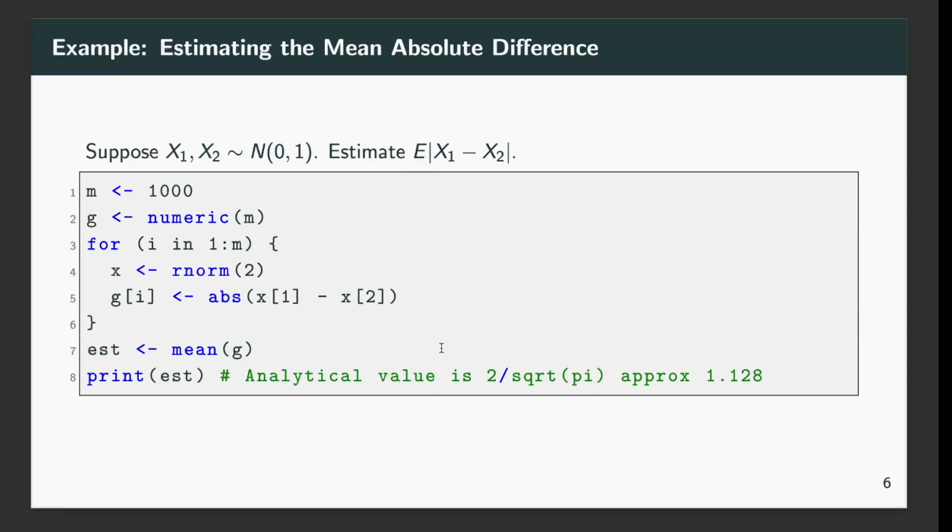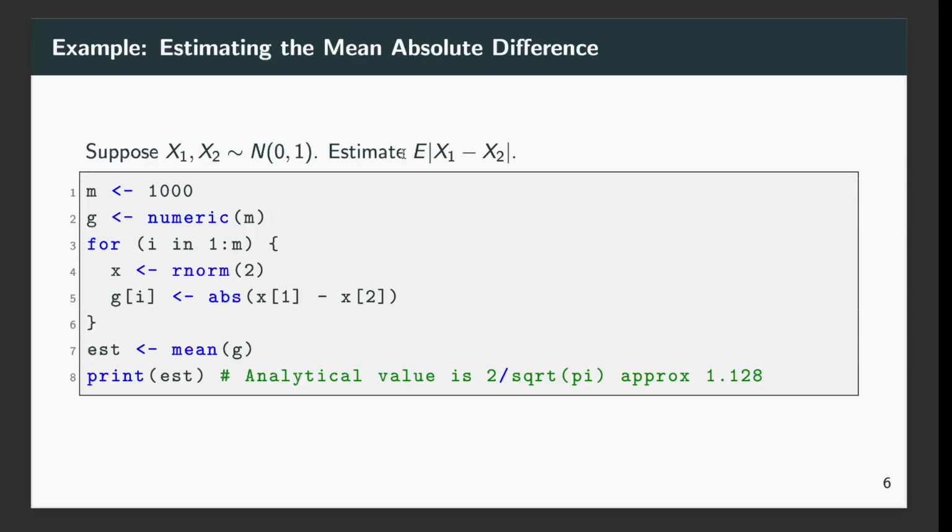Now let's look at an example of this concept. This is a very simple example which you can run in R. Suppose we have x1 and x2, both independent and drawn from the standard normal distribution with a mean of 0 and standard deviation of 1.